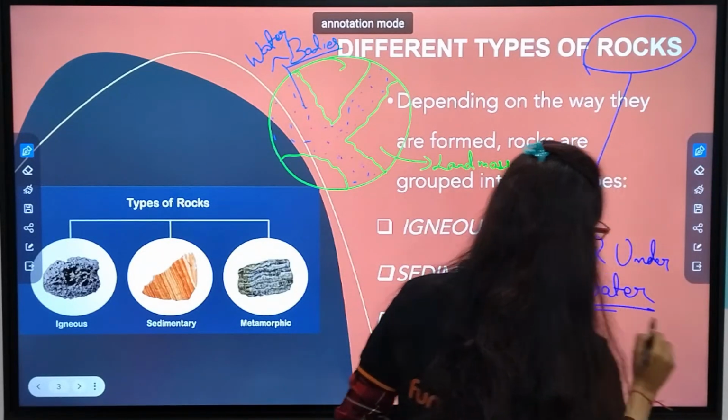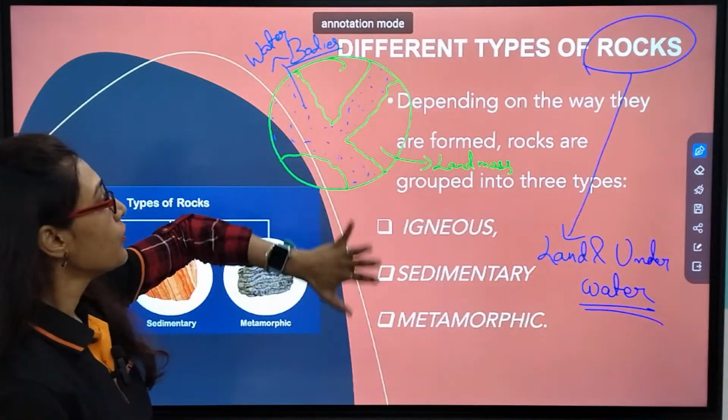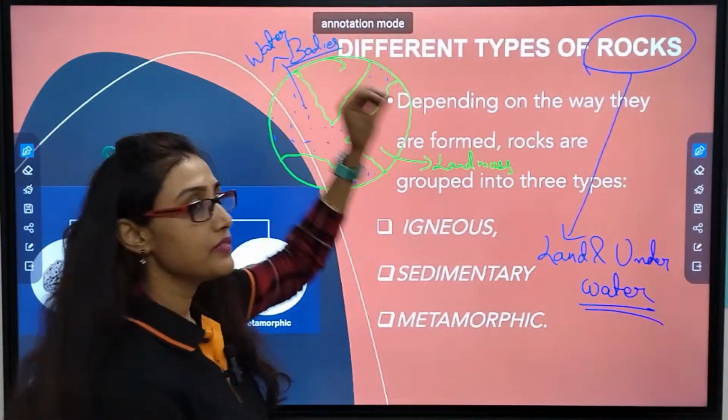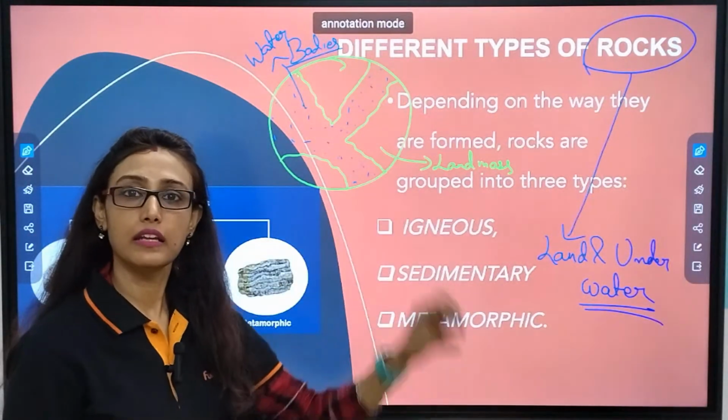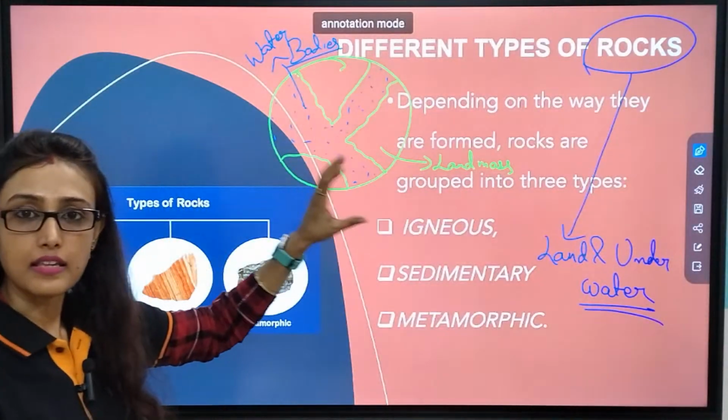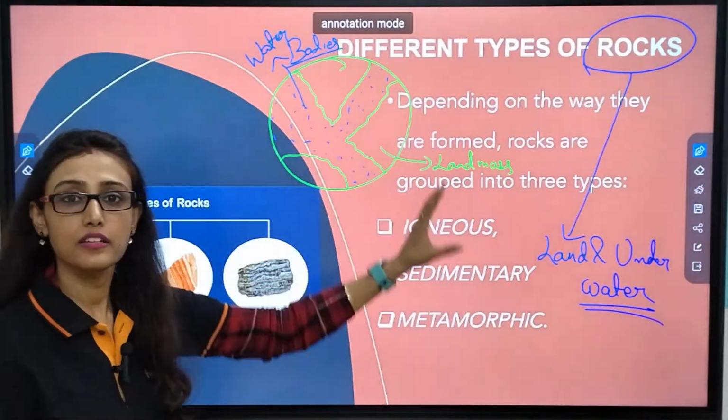So we can say that throughout our earth, everywhere, even if we go deep under the sea, river, lake, pond, even in the land masses, everywhere we find rock.